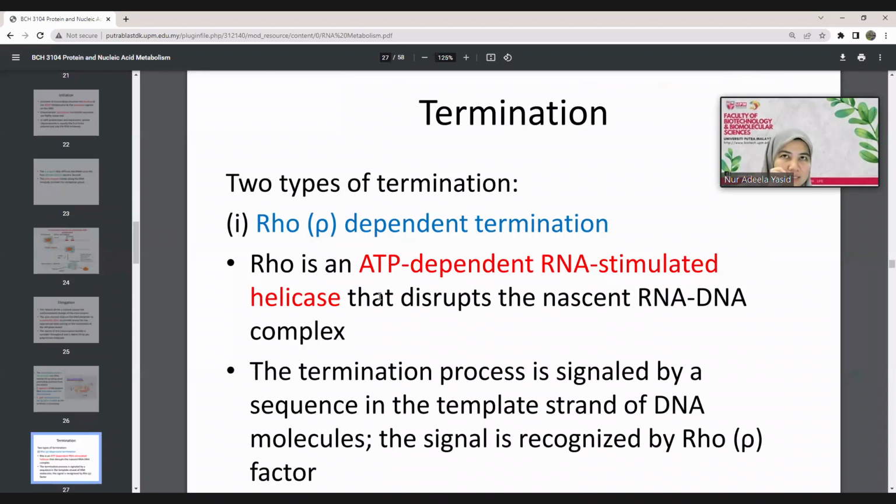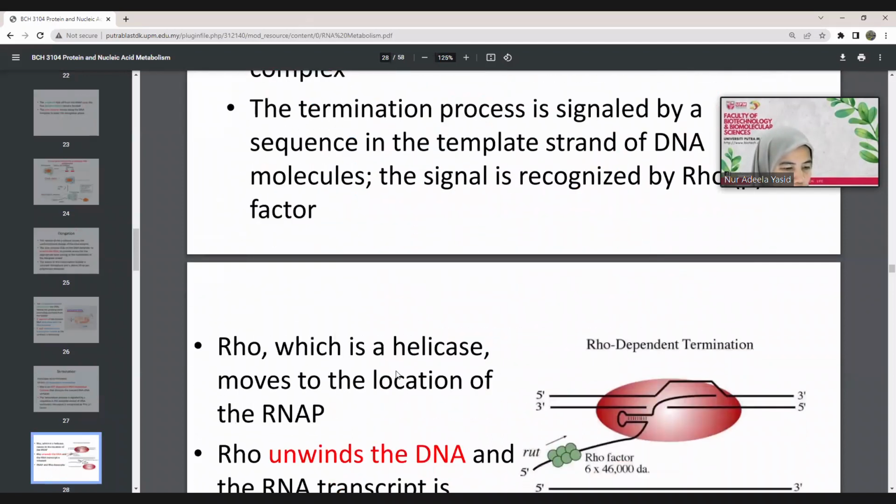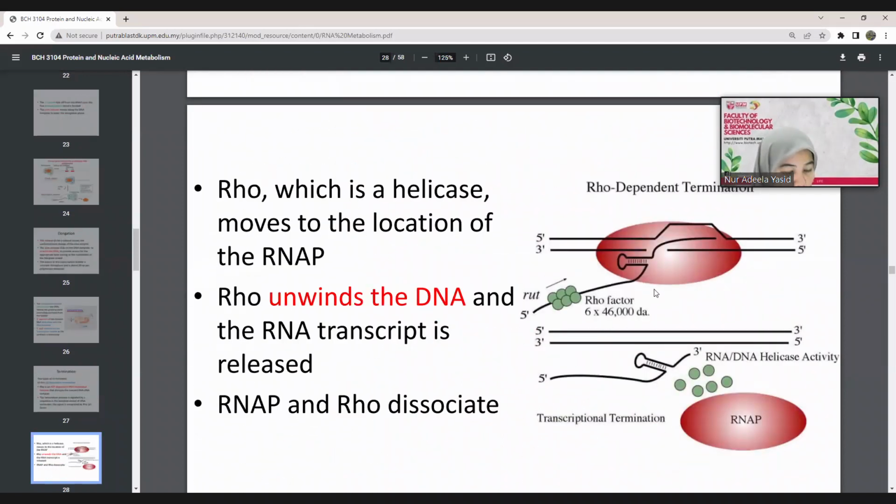This is the description of the role of rho. So rho-dependent termination is controlled by the rho protein, which tracks along behind the growing mRNA chain.